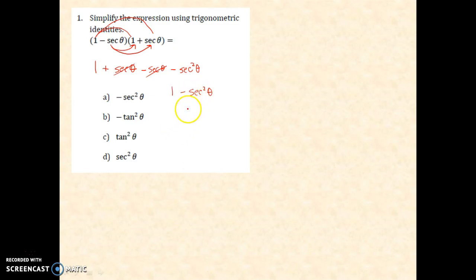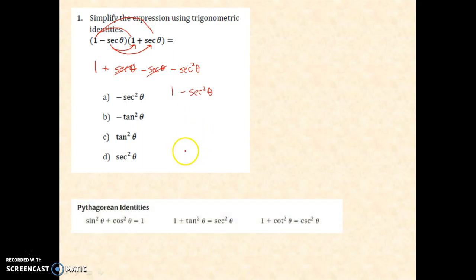Now, I need to use one of my fancy trigonometric identities. Which one should I use? Here are these Pythagorean identities. Here's one that has secant squared theta in it. Let's see, can I somehow make this look kind of like this? Well, let's see.